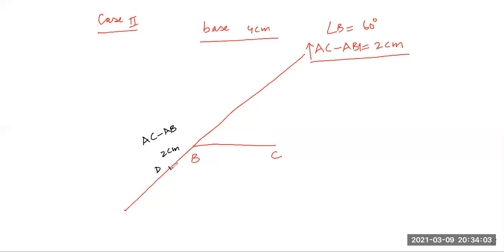Simply join DC. When you join DC, again draw a perpendicular bisector of DC. Wherever it cuts the extension of BD, that point is A, and ABC is your required triangle. Am I right?